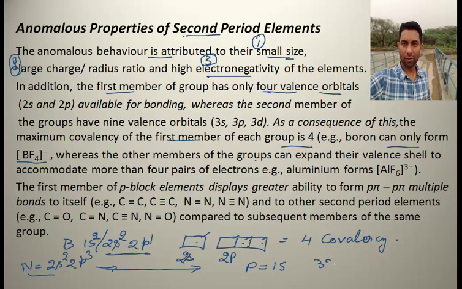Its valence shell will contain neon, the noble gas, then 3s2 3p3. But do remember that it has empty 3d orbitals, right?